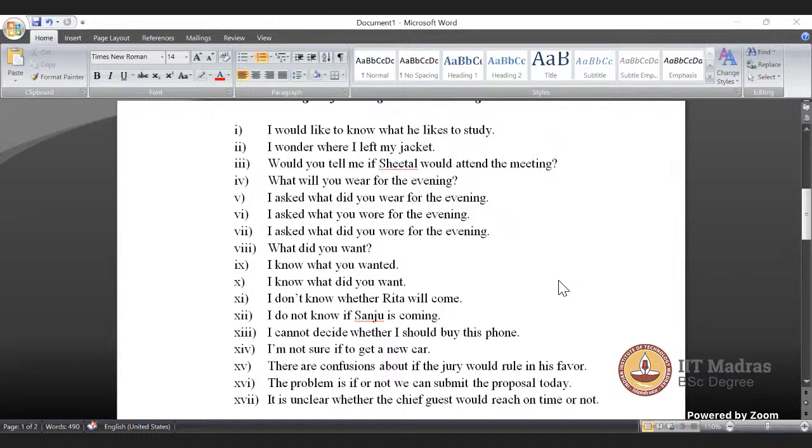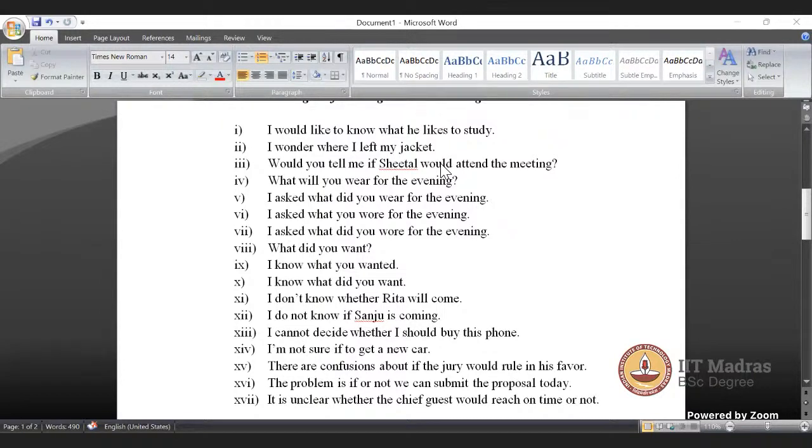And the rule is this: if you have a preposition preceding the clause, then the complementizer to be used is whether, not if. If cannot be used in this situation. So this sentence is ungrammatical. You'll have to write it as there are confusions about whether the jury would rule in his favor, not if.